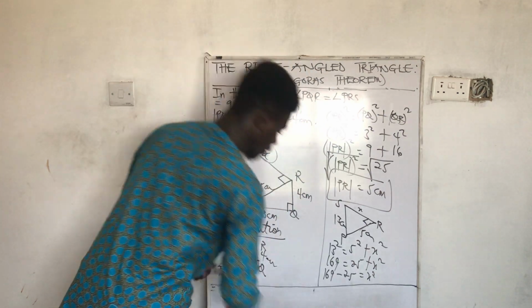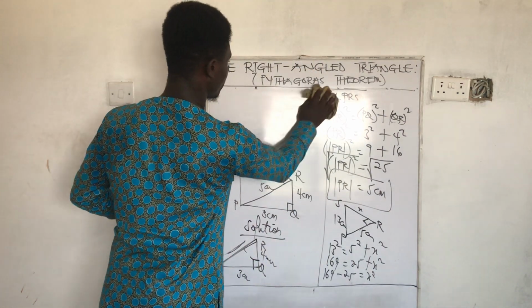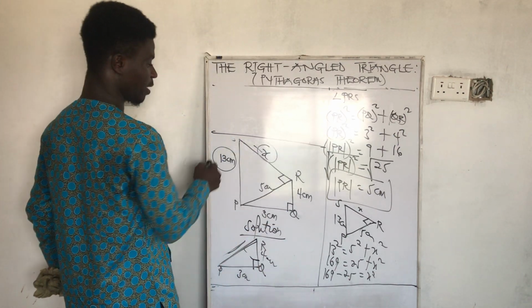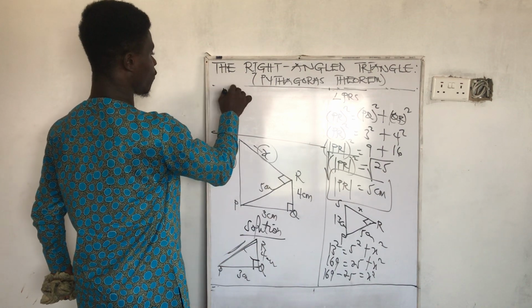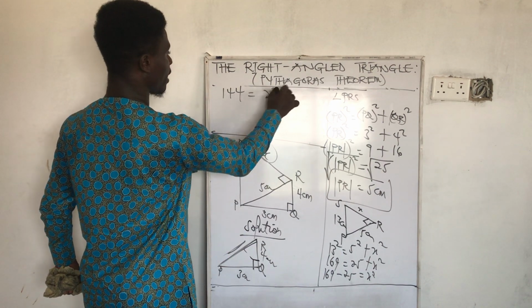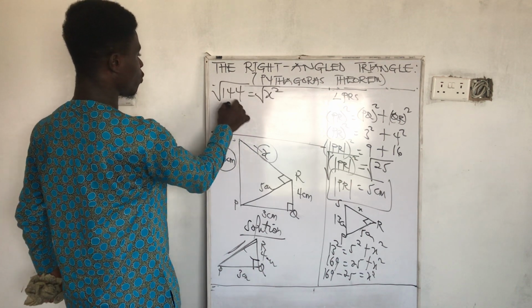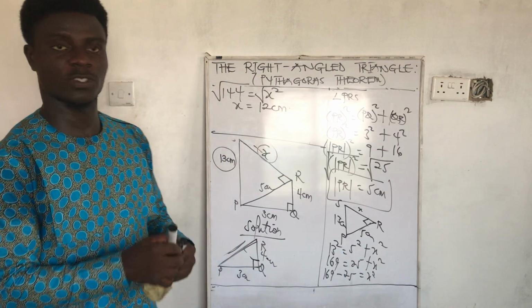So 169 minus 25 gives us 144, which is equal to X squared. So I'll take the square root here, then the square root there. So X will give me 12 centimeters.